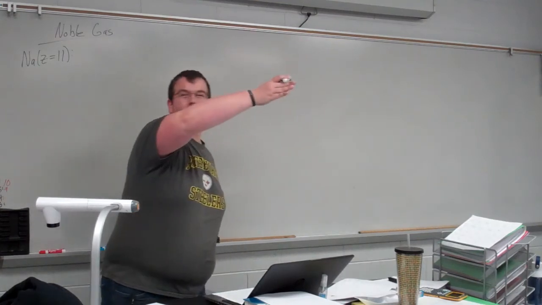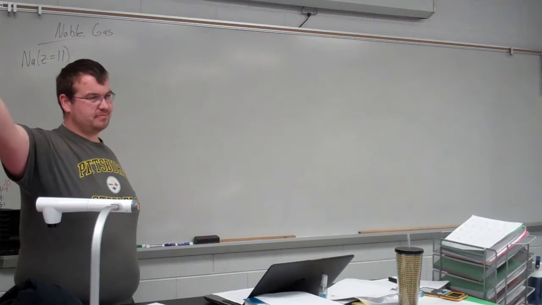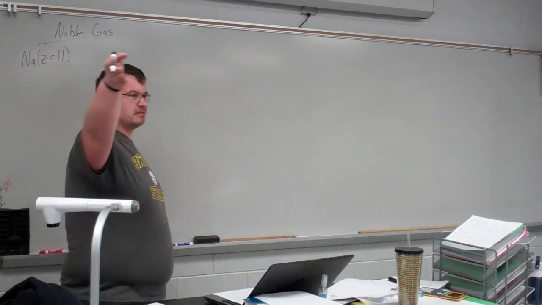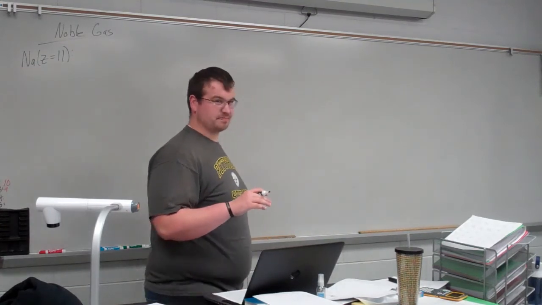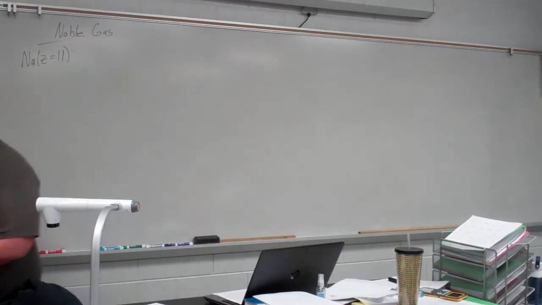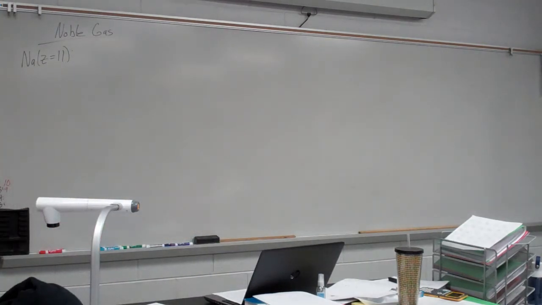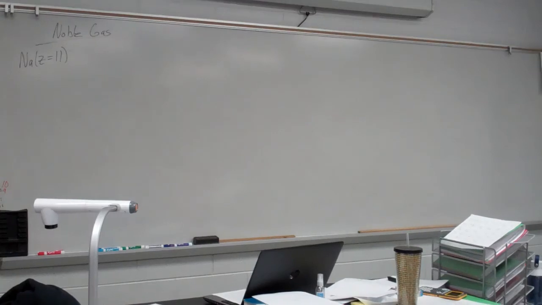You must go all the way to the 18th column. We're already in the 18th column. No, you're not. You're in the first column. You start here, go up one and over.